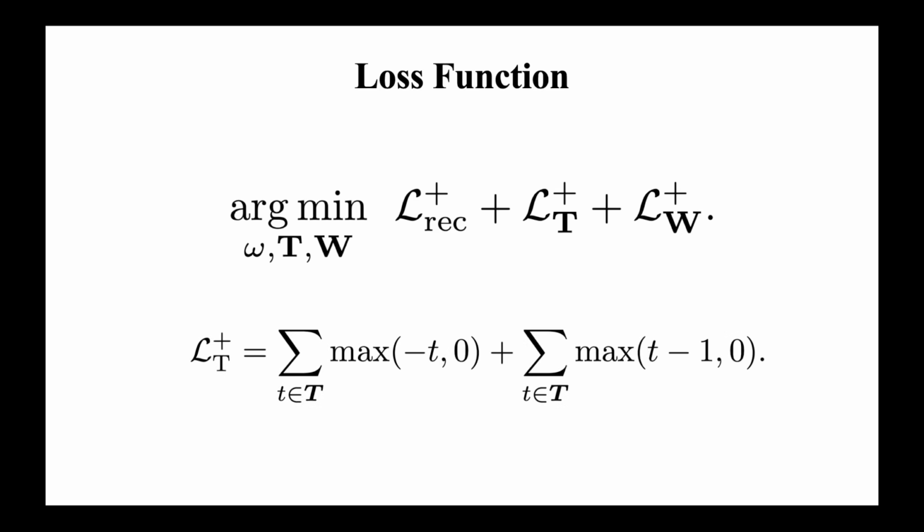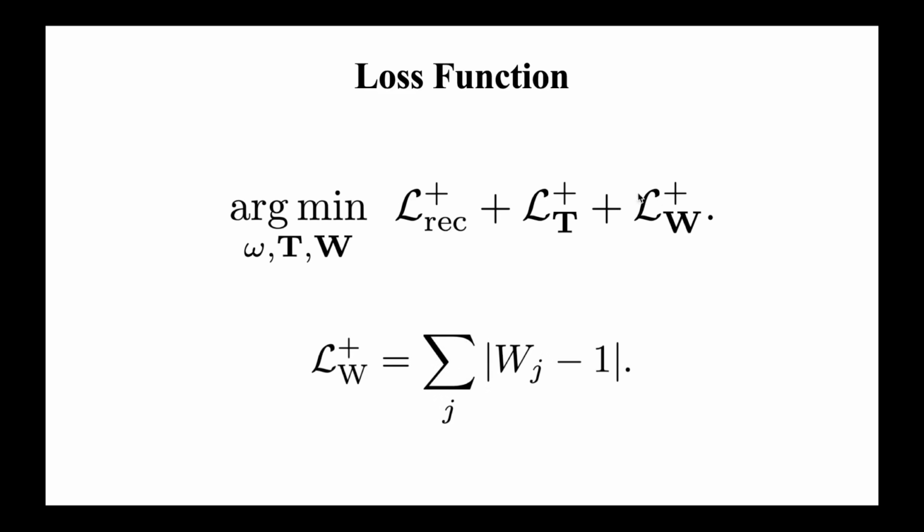And the second loss, LT, can be written like this. So as we said before, it pushes the value of elements in the binary matrix T to either 0 or 1. And the third loss function pushes the Wj as close to 1 as possible.